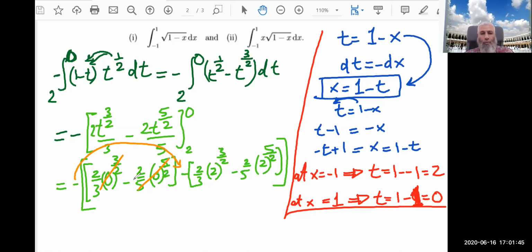So we have positive 4 over 3 multiplied by 2 power 3/2. What is 2 power 3/2? It is 2 root 2. Minus 2 over 5 times 2 power 5/2, which is 2 power 2 multiplied by root 2, which is 4 root 2.